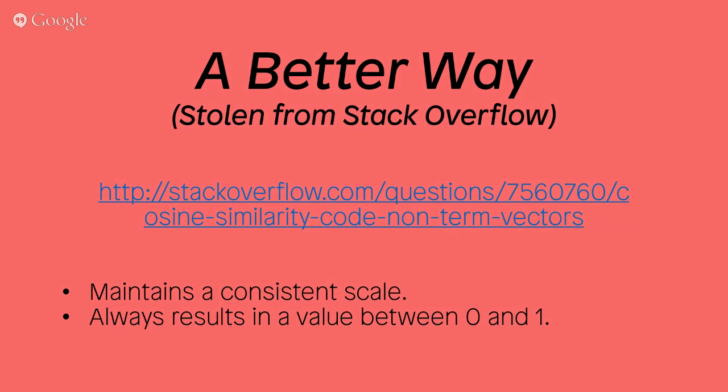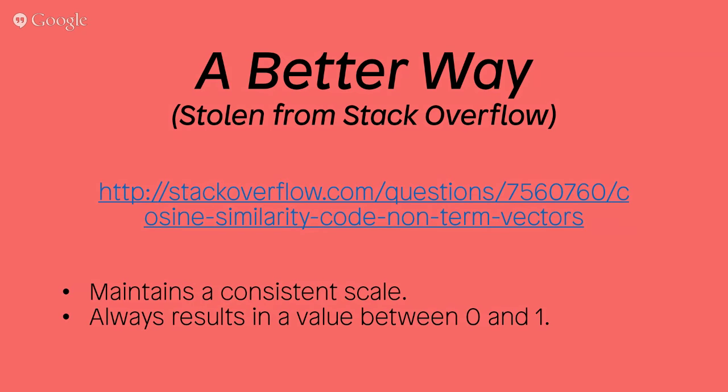Whereas this approach does have a consistent scale. You always get a number that's between 0 and 1. So it should be, in general, more accurate. So that's great. So we now have a way of sorting a bunch of items against how relevant they are to each other.